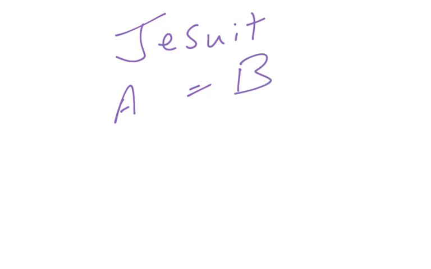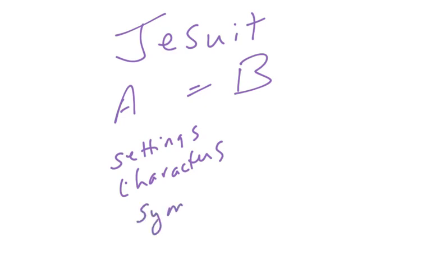So, if we are back to, let's think about our Jesuit topics. Can we put 2 things side by side? And again, these can be settings, characters, could be symbols, it could be, an occasion is a setting.